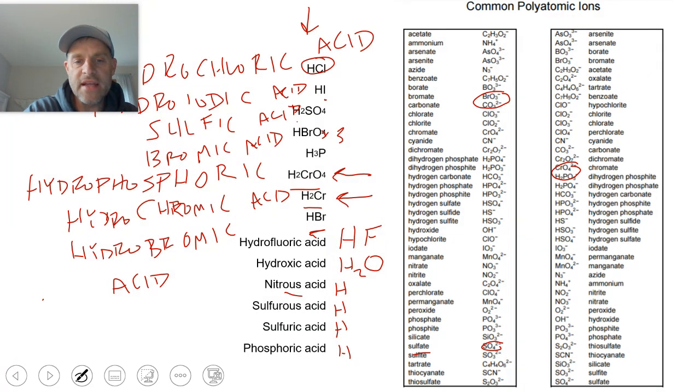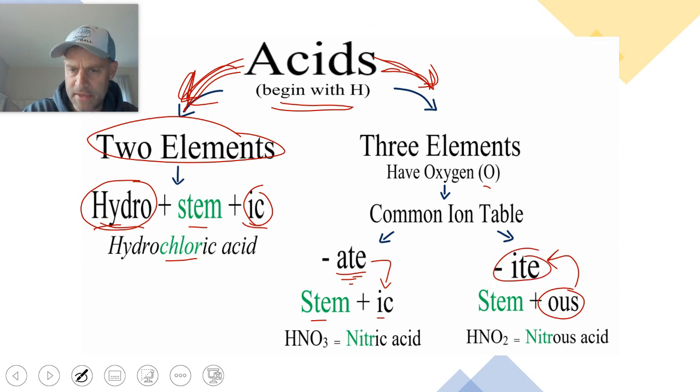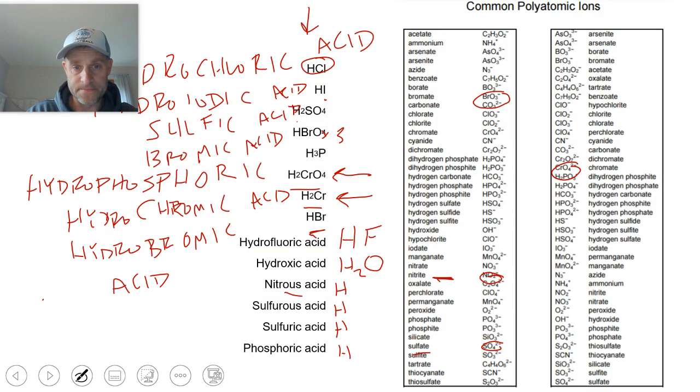The stem is nitr, that's nitrogen. If I look over on the right side at my polyatomic ion list, I'm looking for nitrogen and oxygen. Here it goes: NO2 is nitrite. Remember, ite becomes ous. So HNO2 is nitrous acid. That's the example we use. HNO2.